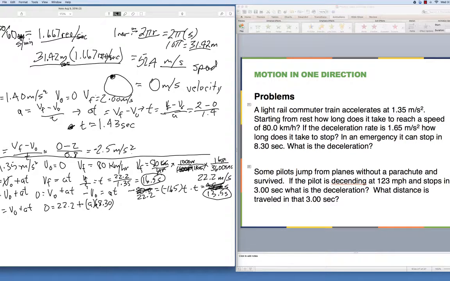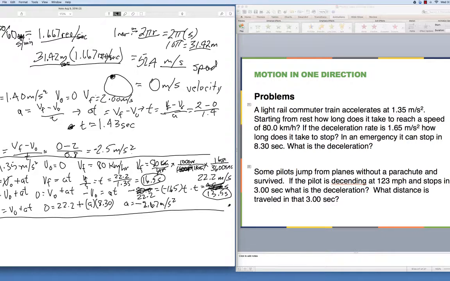So the question is, what's A? And this is going to move over here and become a negative number, so our number is going to be negative. And it's going to be 22.2 divided by 8.3, or minus 2.67 meters per second squared. Okay, so that's that problem right there.